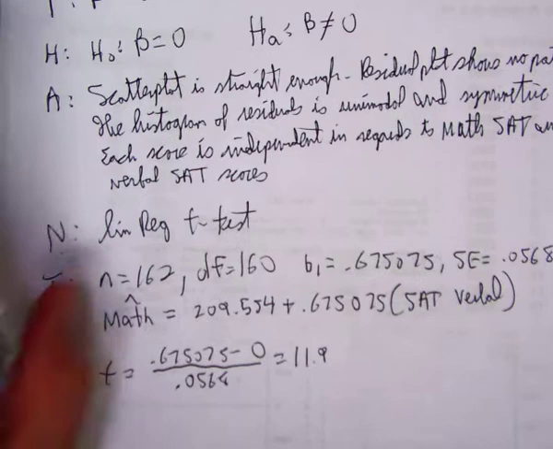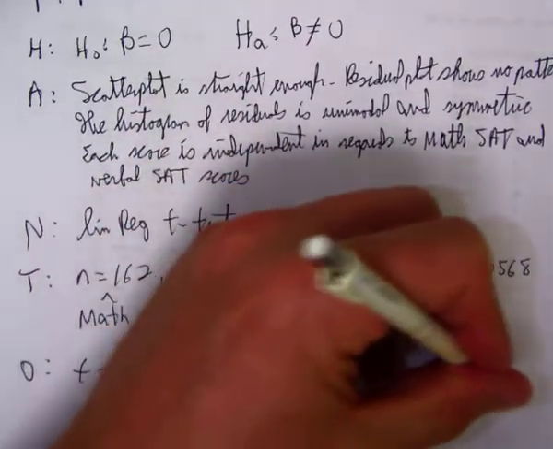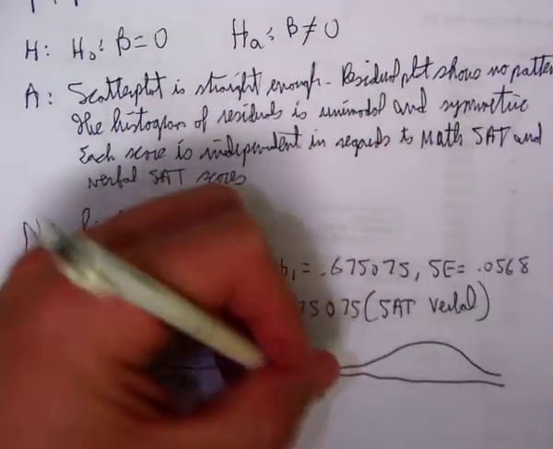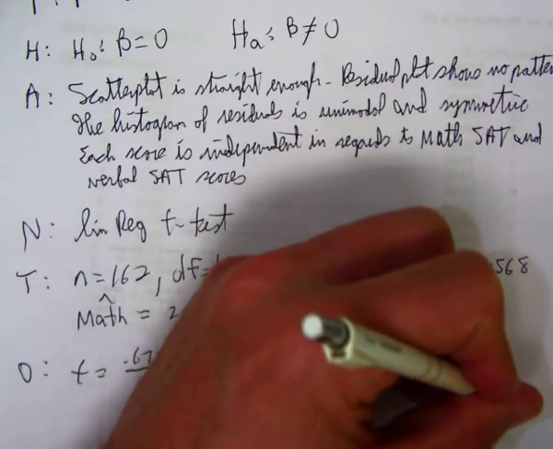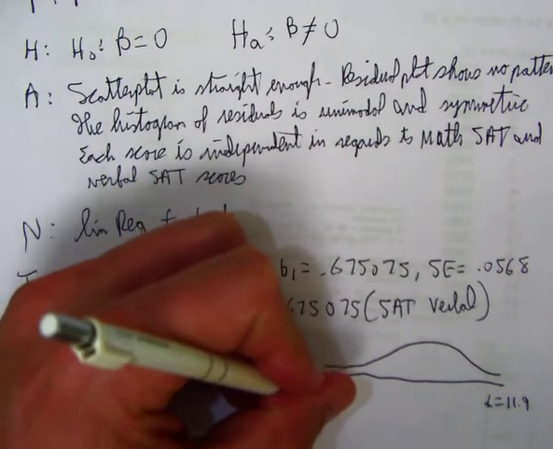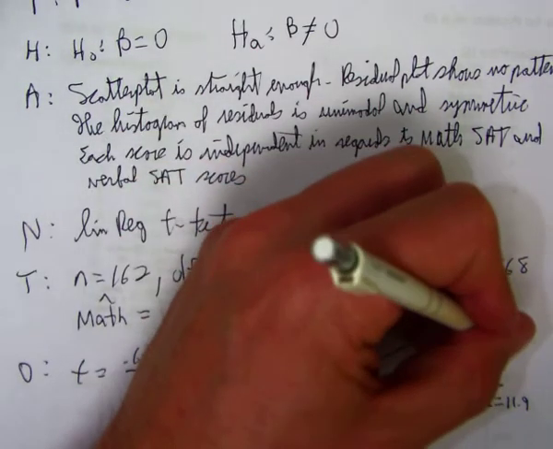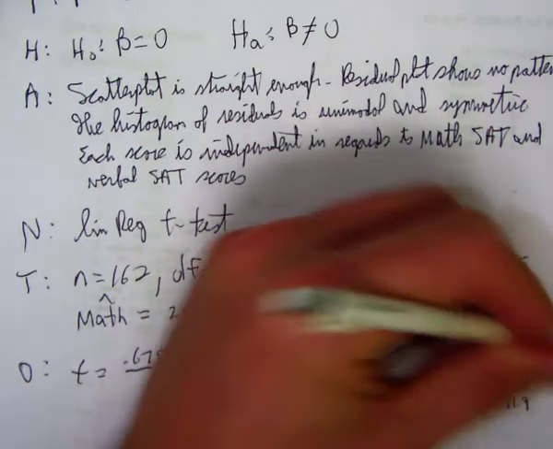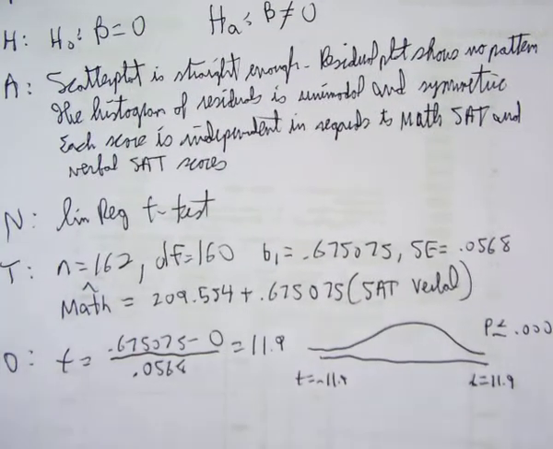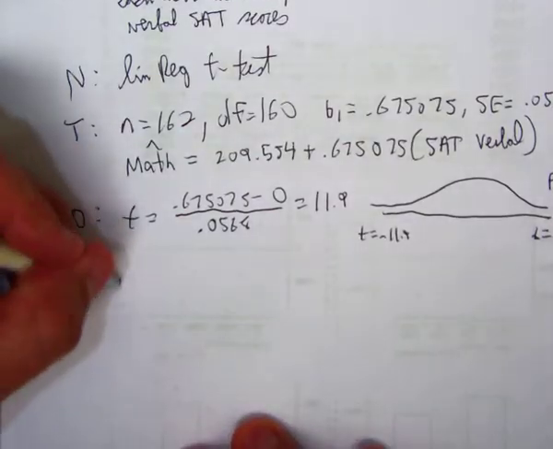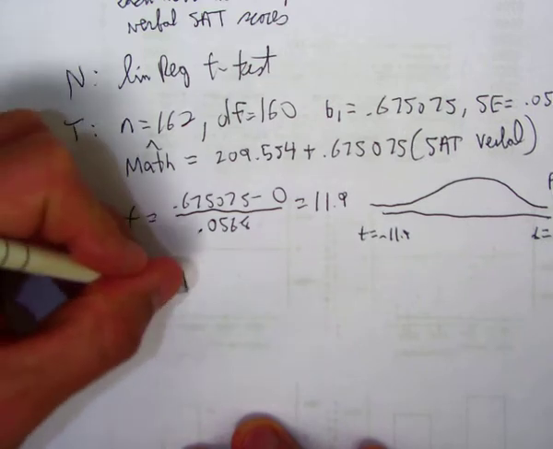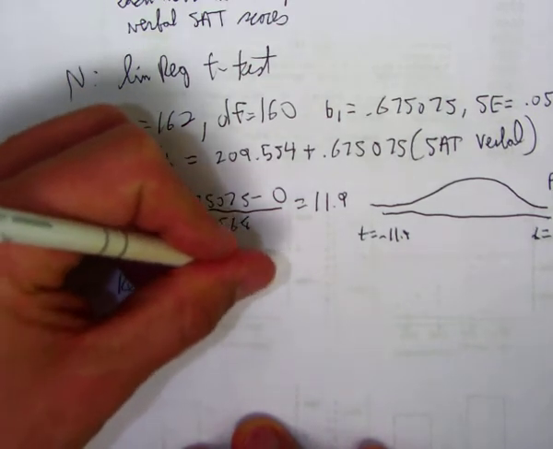So again, we did a two-tailed test. So t is 11.9, t is negative 11.9, our p-value is less than 0.001, so we make a decision. So reject H0 at the 0.05 level.